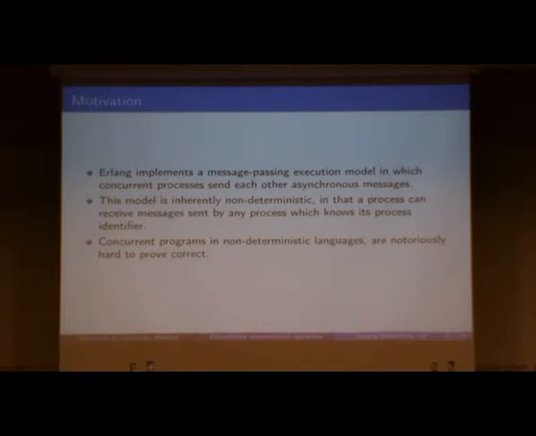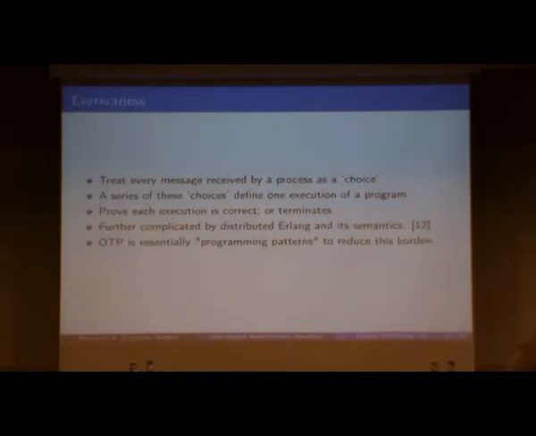Other approaches are the Concuerror work and Soleda that Kostis is working on to try to prove that the ordering is correct. And we have our own work at Basho on Riak Test. It's not nearly as exhaustive as any of those things, but we try to point out very specific distributed cases. So when we combine all these tools, we think we get something.